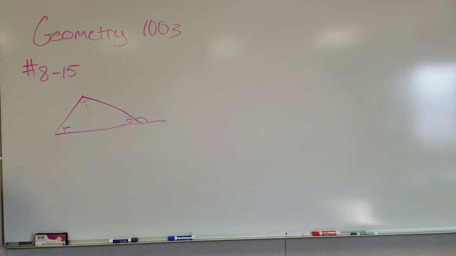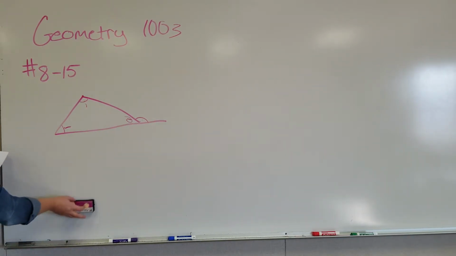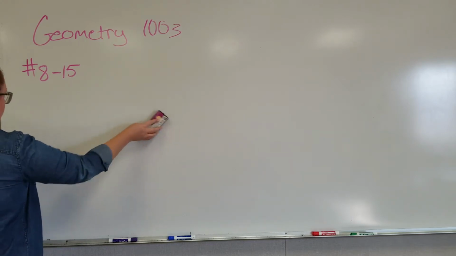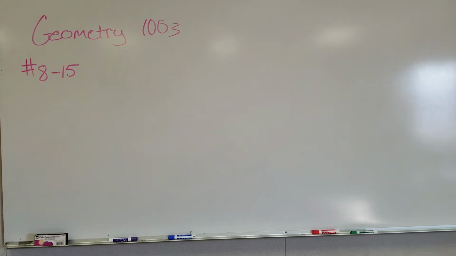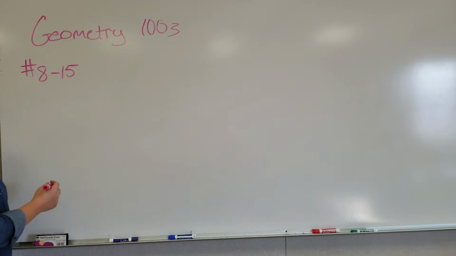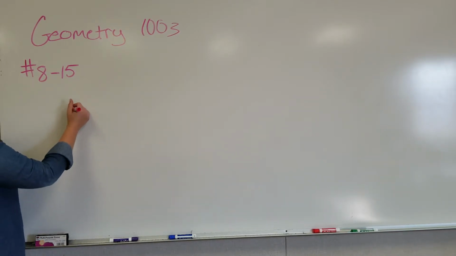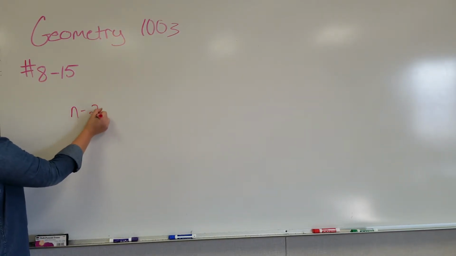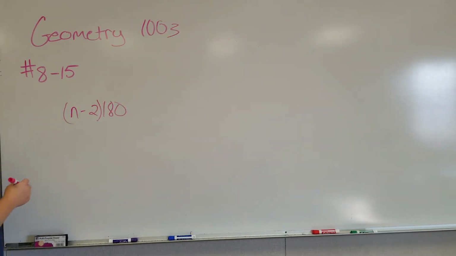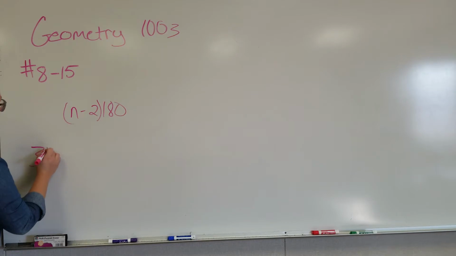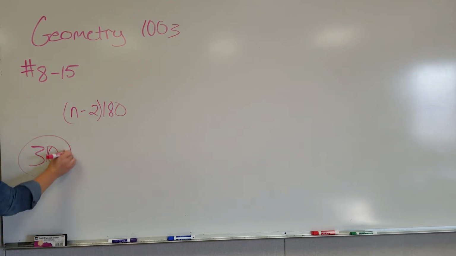Problem number 14. There are never 310 degrees in the sum of the interior angles of a polygon. So if you'll remember, to find the sum of interior angles, you take the number of sides minus 2 times 180. So why can 310 never be the sum of the interior angles?